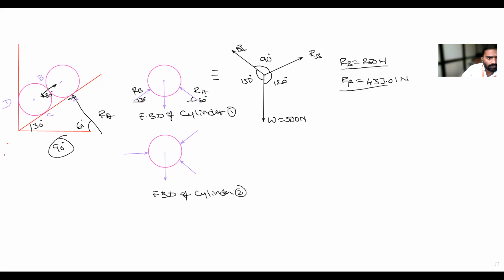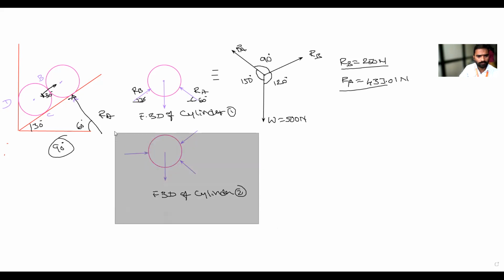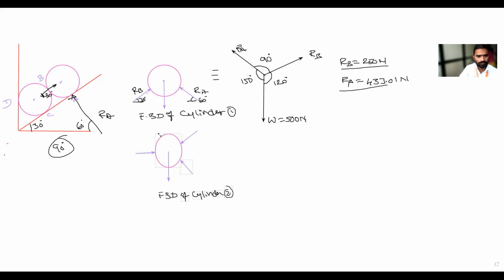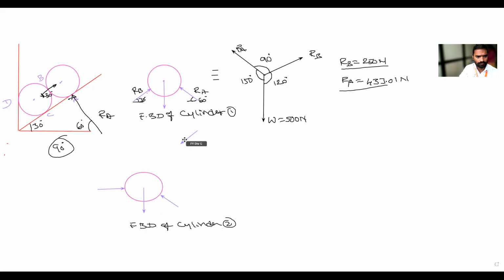So now what I will do? Okay, the first one is over, that is from the first cylinder.